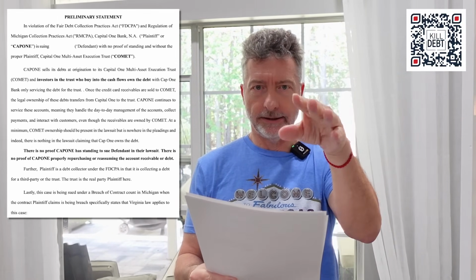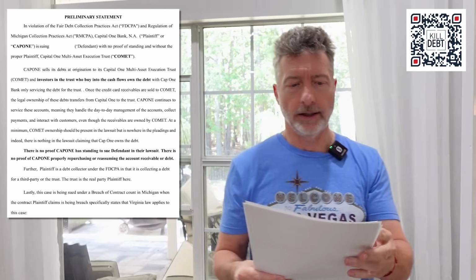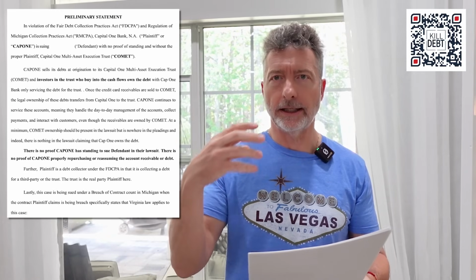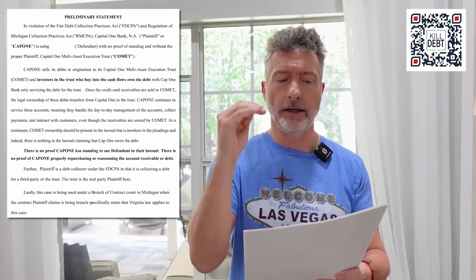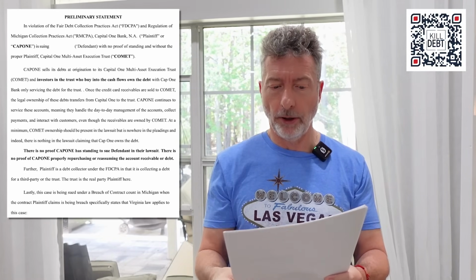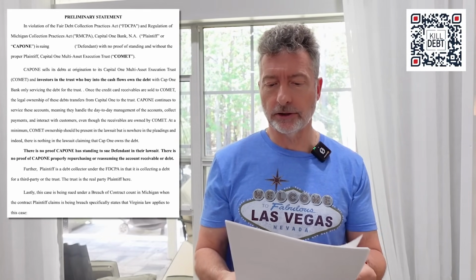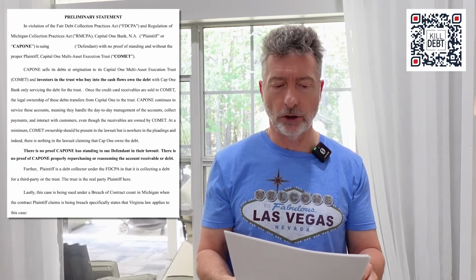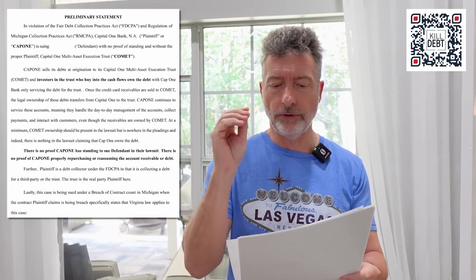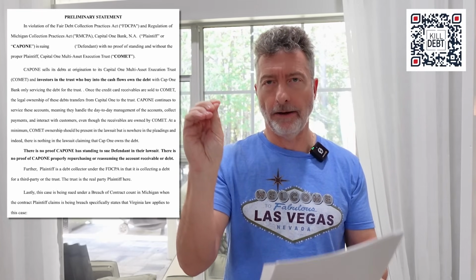And then I break down, in this case, why I think Capone, C-A-P-O-N-E, you think about what that means, is in the wrong and does not have the right to bring the case against my clients. And I highlighted there's no proof of Capone having standing to sue defendant in their lawsuit. There's no proof Capone properly repurchased or reassumed the account receivable debt.